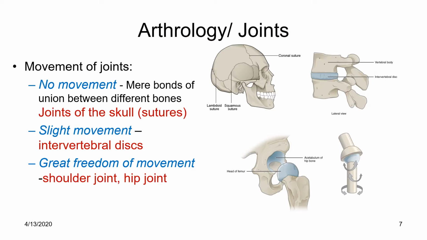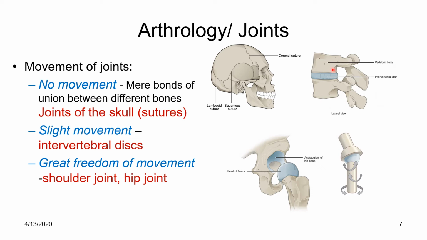Now, what are the movements of a joint? Here you are seeing the skull bone, which consists of a number of bones joined by sutures. You know what a sagittal suture, coronal suture, squamous suture, and lambdoid suture are.